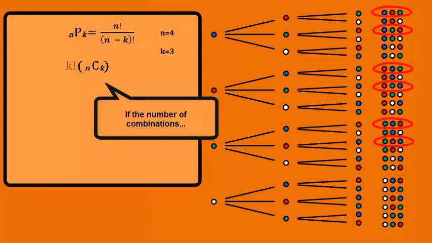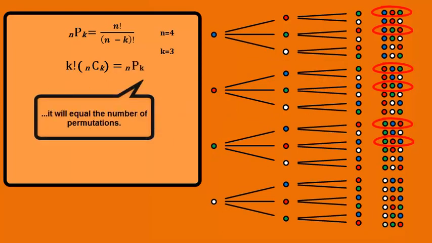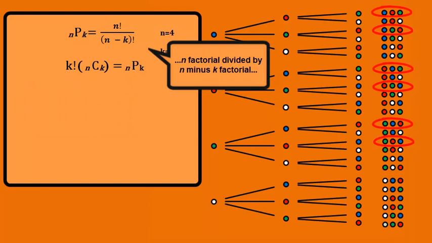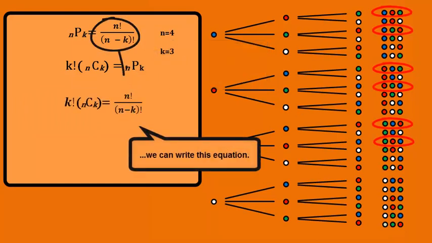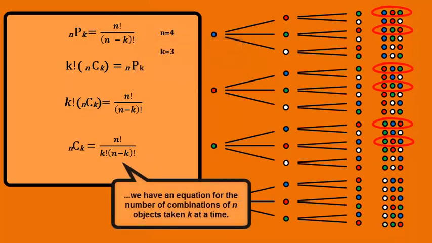If the number of combinations is multiplied by k factorial, it will equal the number of permutations. Because the number of permutations is n factorial divided by n minus k factorial, we can write this equation. If we divide both sides of this equation by k factorial, we have an equation for the number of combinations of n objects taken k at a time.